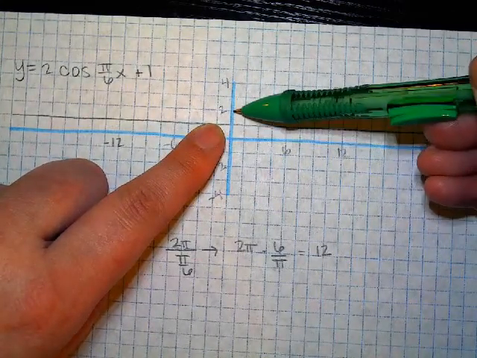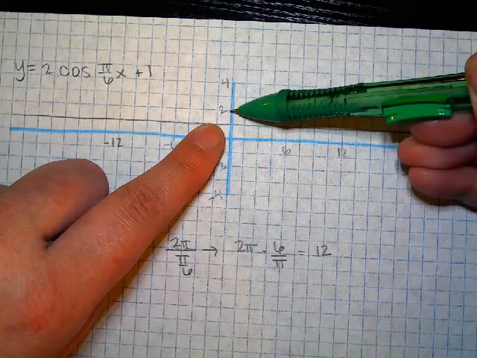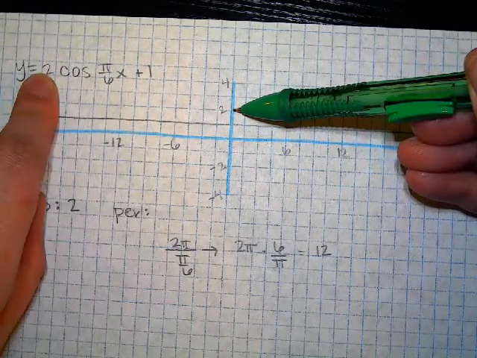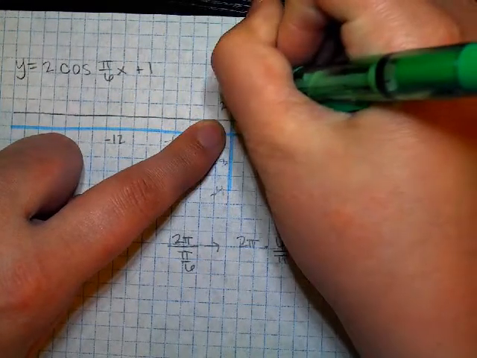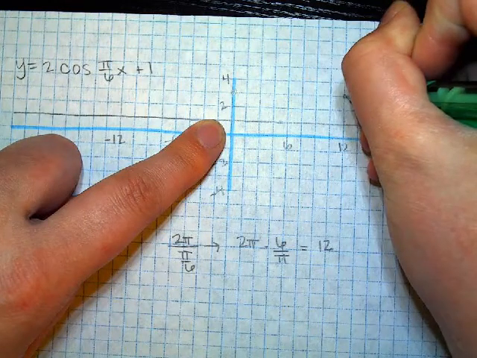So normally it would start up at 1 and end up at 1, but the amplitude is 2. So it should be 2 up from the middle and end 2 up from the middle.